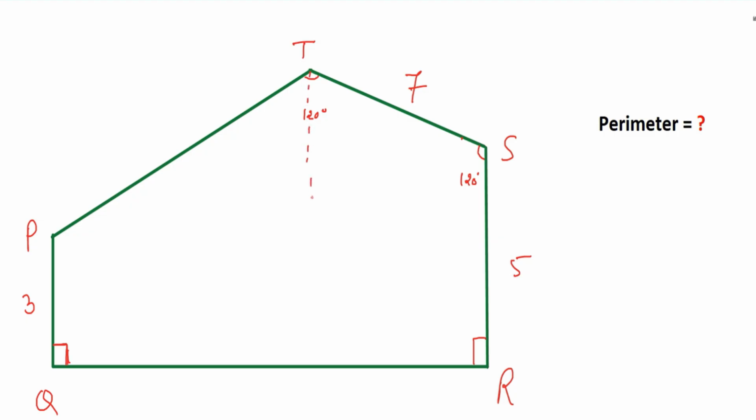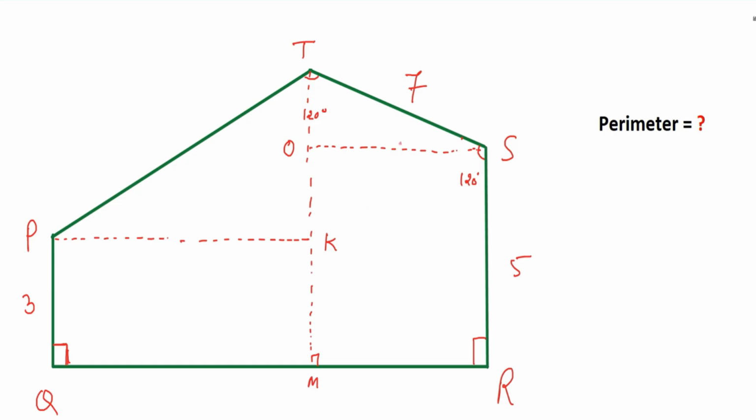The foot of the perpendicular obtained on QR, let's call it M. Similarly, drop a perpendicular from P to TM and let's call its foot K. Similarly, drop another perpendicular from S on TK and let's call its foot O. So, very first, here we have some right angle triangles.